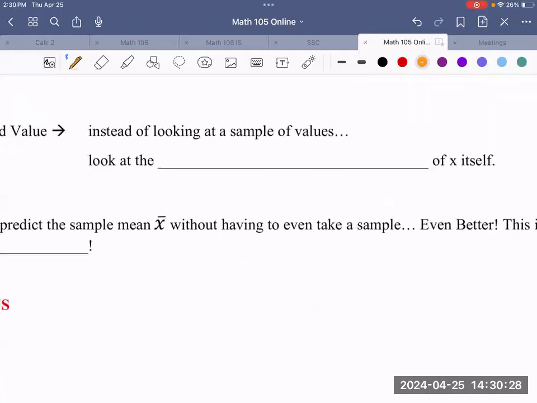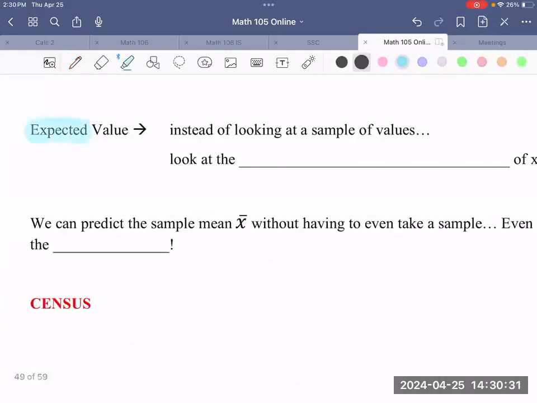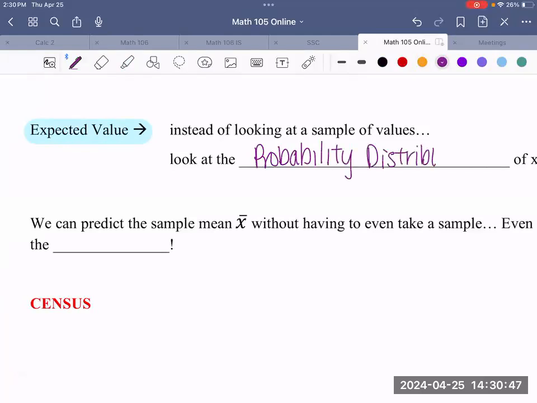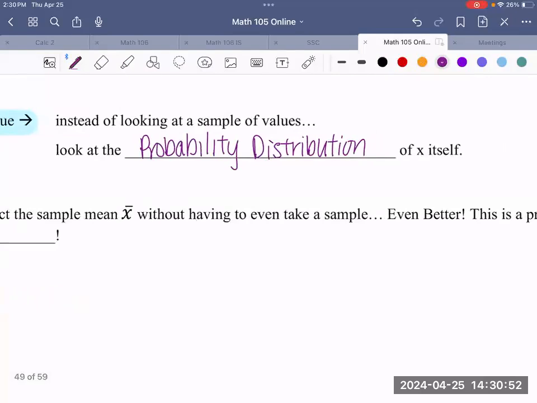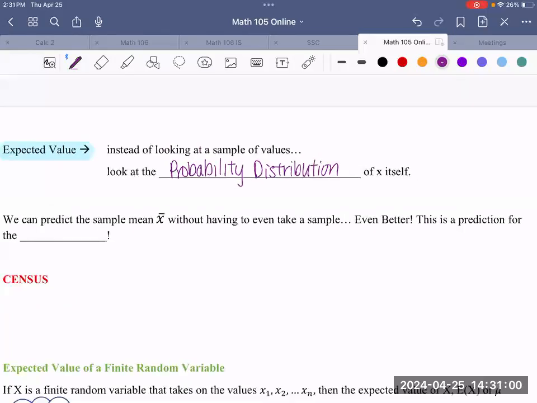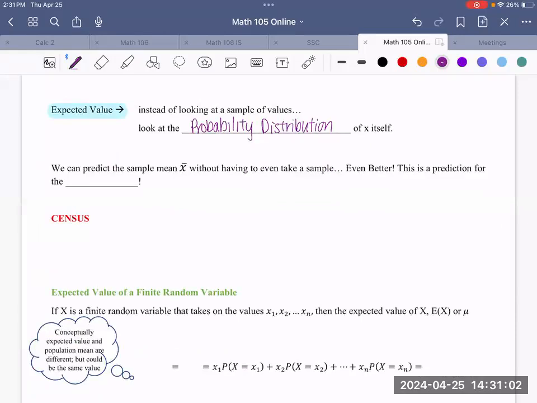So instead, we're going to be looking at something called your expected value. So instead of looking at your sample of values, look at the probability distribution, those that we've been calculating now for our semester, the probability distribution of these X values themselves. Now, what this is going to do for us is create the sample mean without having to even take the sample.